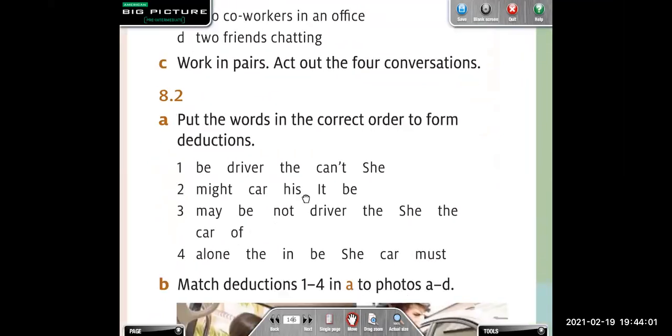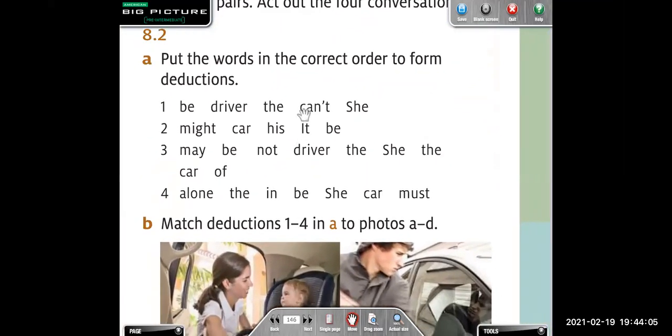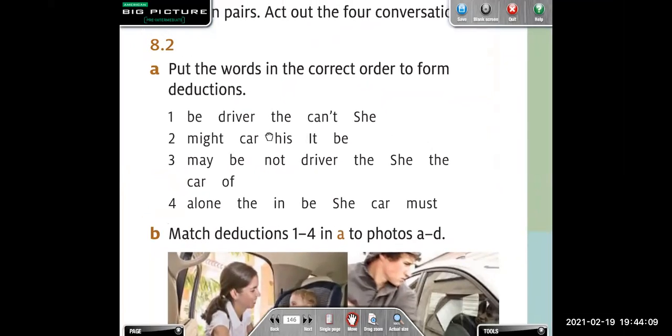Okay. Here we have another exercise. It says, put the words in the correct order to form the deductions. But this is another exercise that we are going to do later, okay? Este todavía no lo vamos a hacer. Let's go back. Vamos a volver.